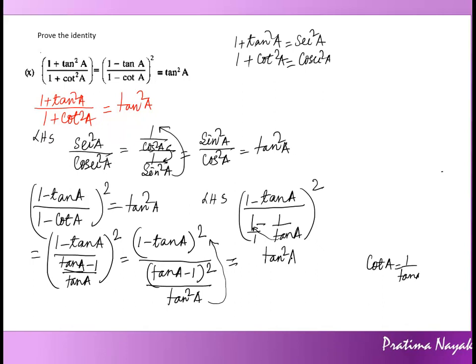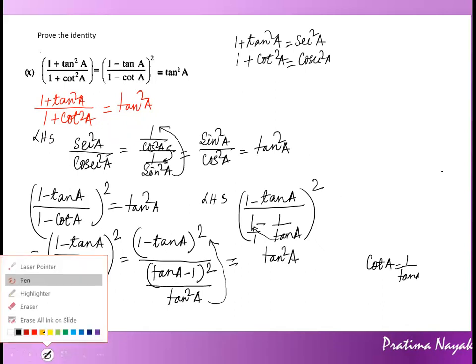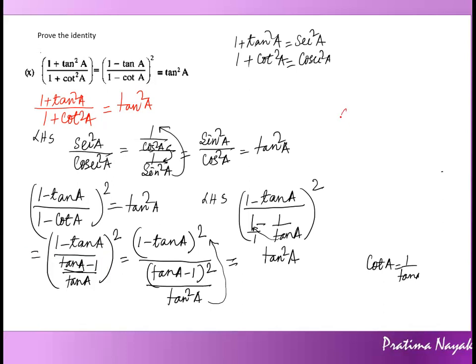Now what about these two? They are equal. How? You know that (A minus B) whole square is the same as (B minus A) whole square. Is it so? Yes. (A minus B) square is equal to A square plus B square minus 2AB, and (B minus A) whole square is equal to B square plus A square minus 2AB.